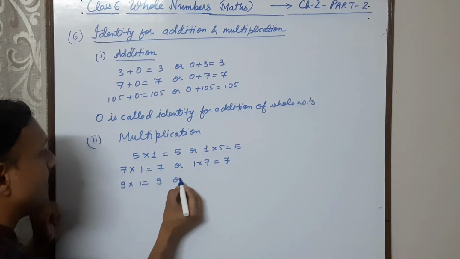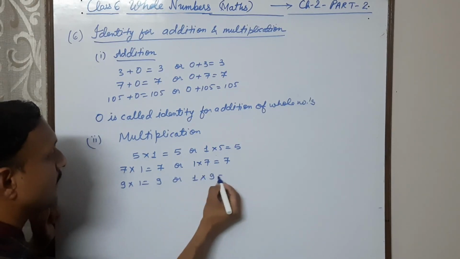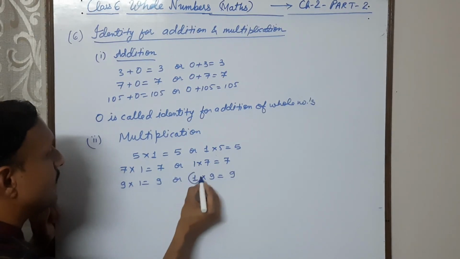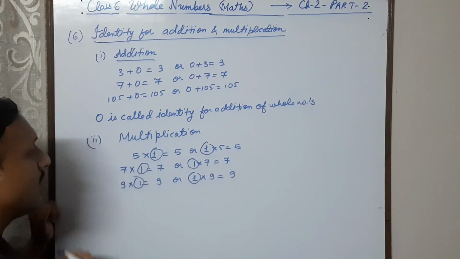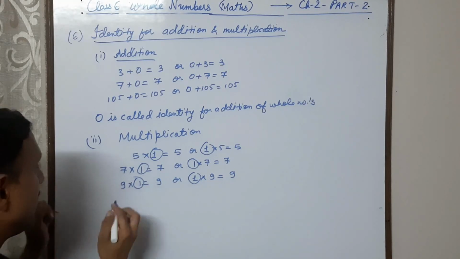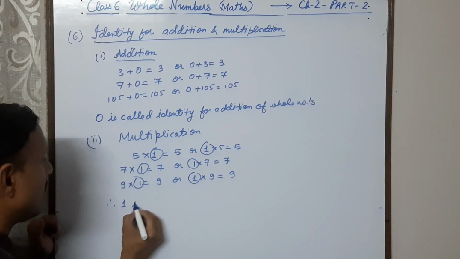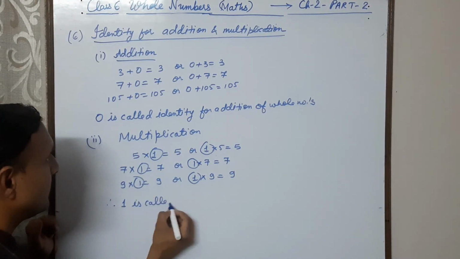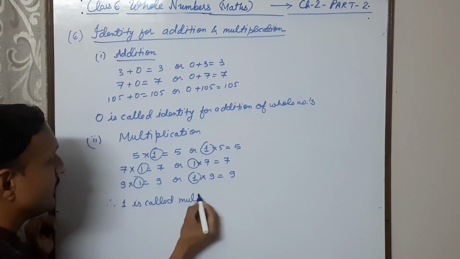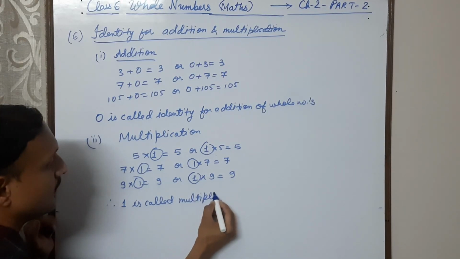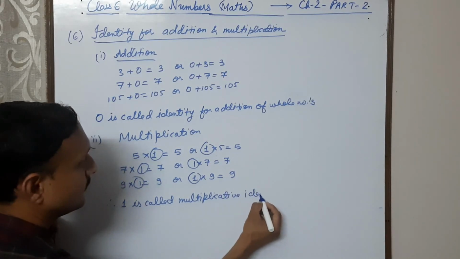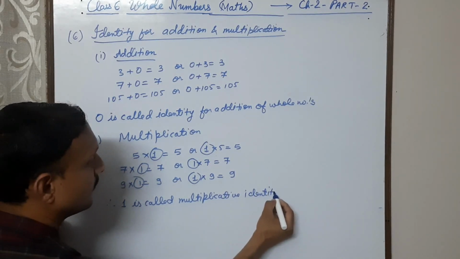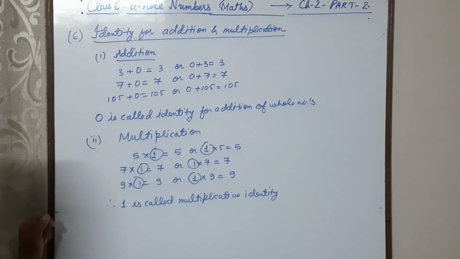So we are getting the same result when we are multiplying any whole number with 1. Therefore 1 is called the multiplicative identity, or 1 is called the identity for multiplication of whole numbers.